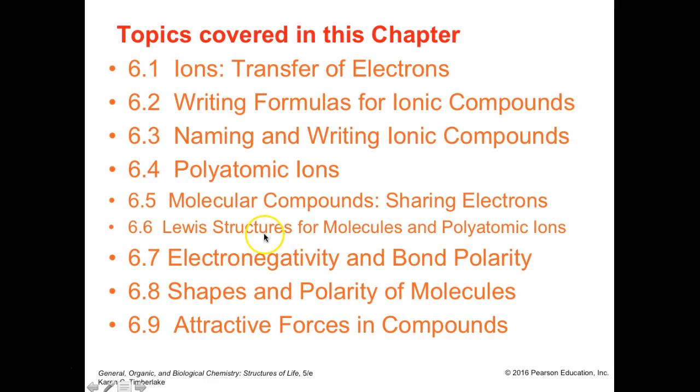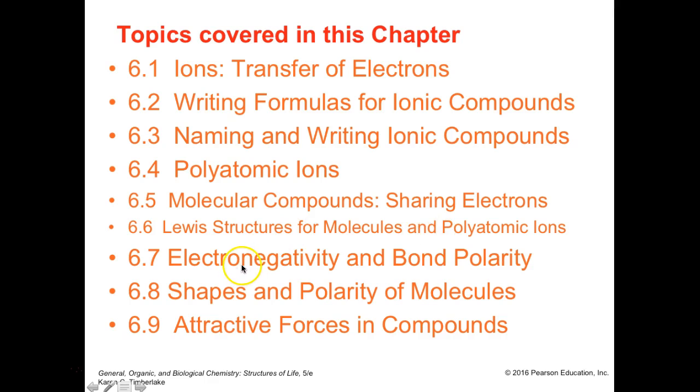And then Lewis structures for molecules and polyatomic ions. We had looked at Lewis structures, the dot symbols for elements, but now we're going to look at how those structures for molecules and polyatomic ions can be drawn.